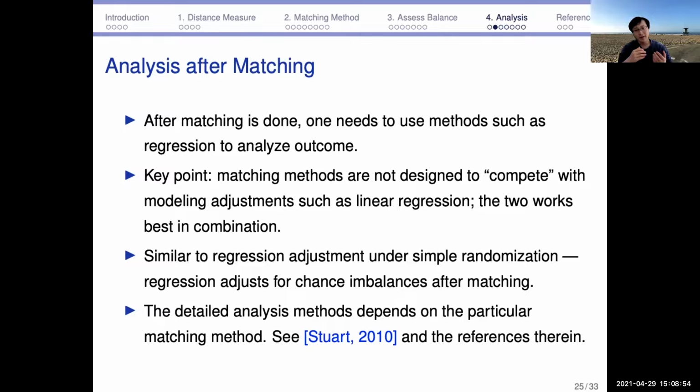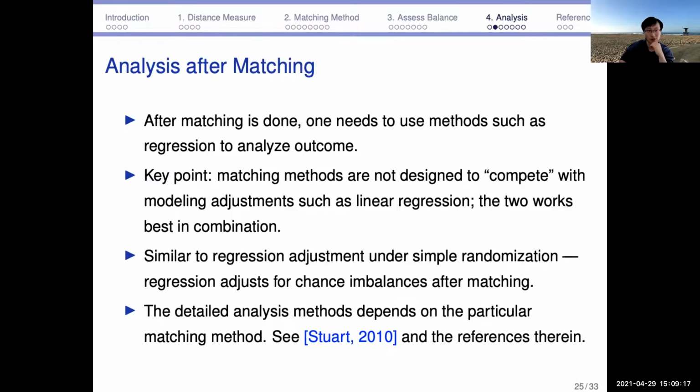Now, in talking about the details of implementing a matching, we discussed a variety of considerations. So the detailed analysis method would depend on exactly which matching method you use. Do you use one-to-one? Do you use K-to-1? Do you use variable ratio?